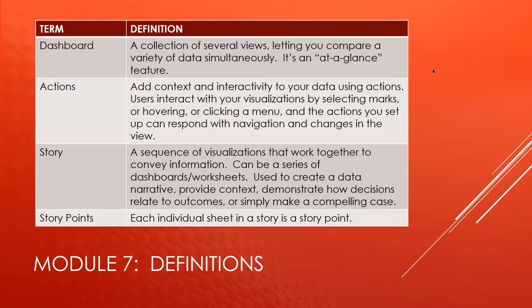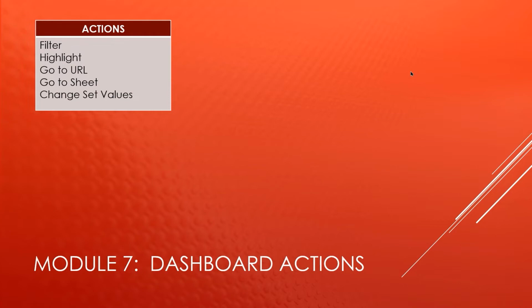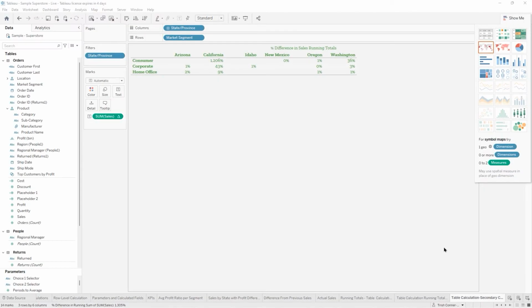And then we have the 5 actions, and you'll see some more, but you can filter, highlight, go to a URL, go to a sheet, or change set values via dashboard actions.